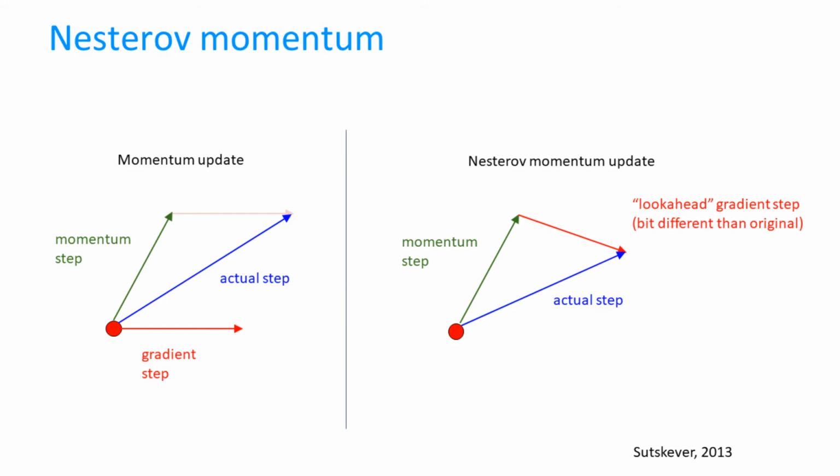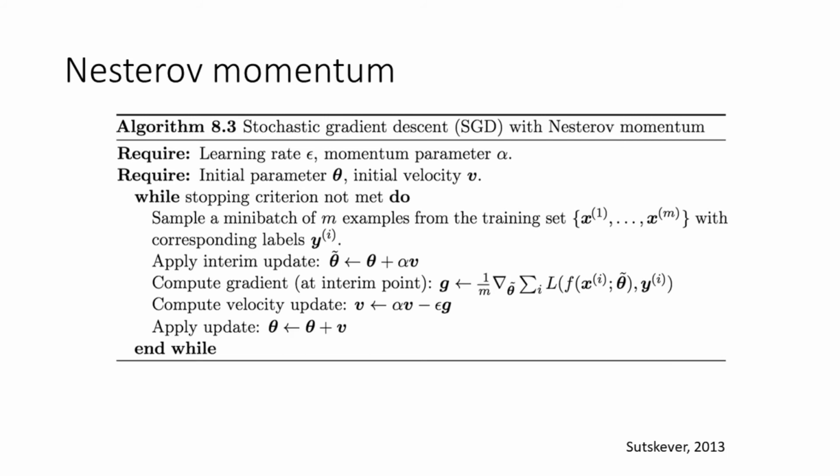So what that looks like is we apply what we call an interim update, where we update our parameters based on only the velocity, and we get pseudo parameters, which we will call theta tilde.